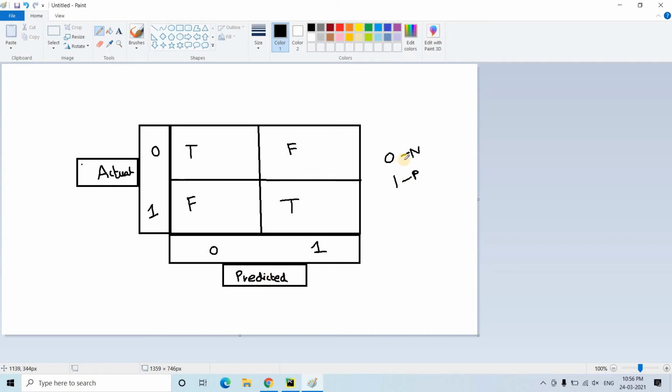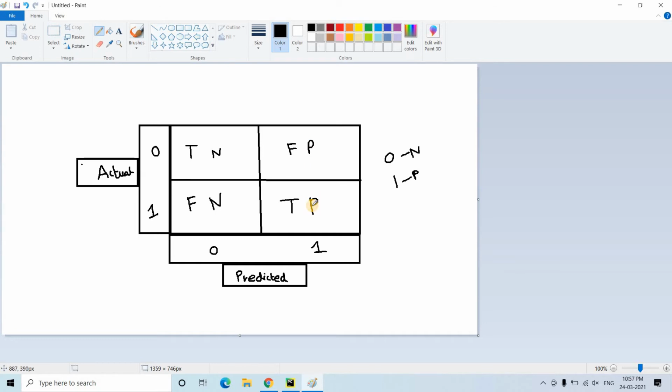The prediction in this first column is 0, which is basically negative. So here I am writing N, here I am writing N. For the second column, the prediction outcome is 1, which is positive. This is P and this is P.